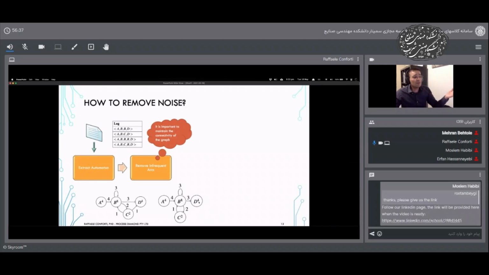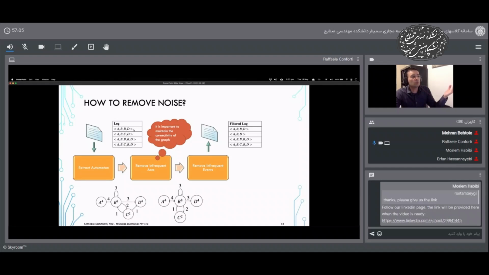Once we have this graph, we use it to remove specific events from the log. We cherry pick the events that do not fit this graph. If you use this as a template, we try to read every trace and execute it over here, and if it's not reproducible, we remove it.